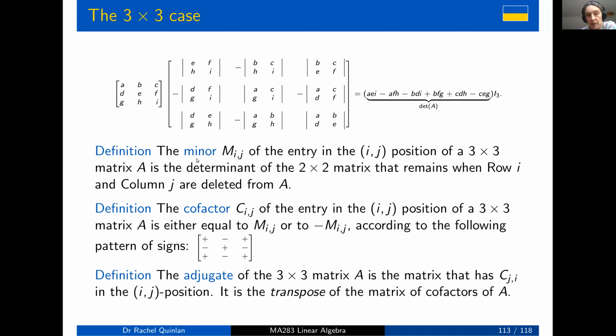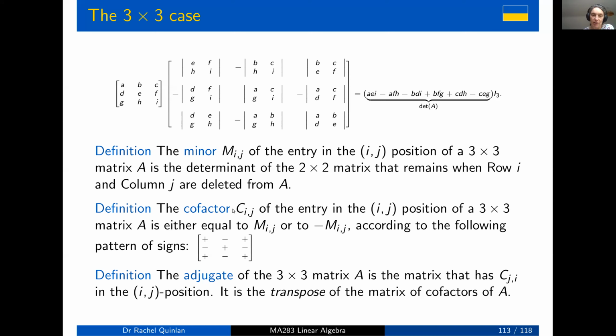So the minor, denoted Mij, of the entry in the ij position of a 3 by 3 matrix is the determinant of the 2 by 2 matrix that remains when row i and column j are deleted from A. So the minor, for instance, of the 3, 1 entry is the determinant of what remains when row 3 and column 1 are deleted from A. That's B, C, E, F. Its determinant turns up here in the 1, 3 position of the adjugate.